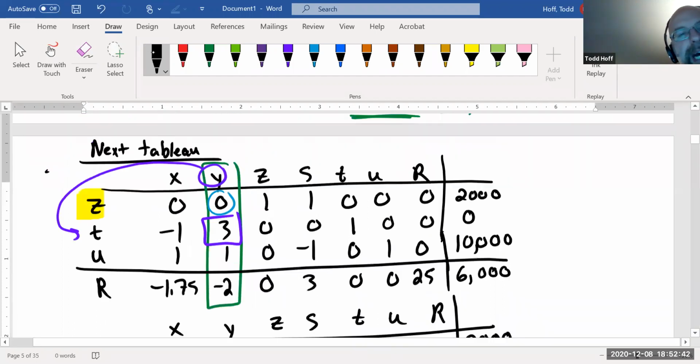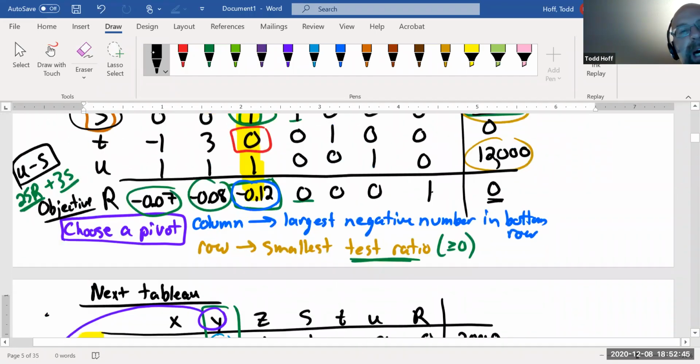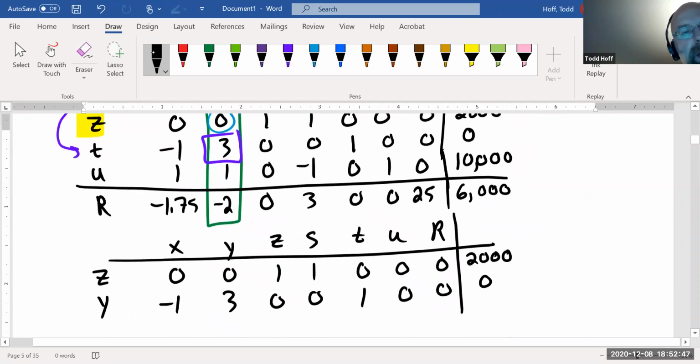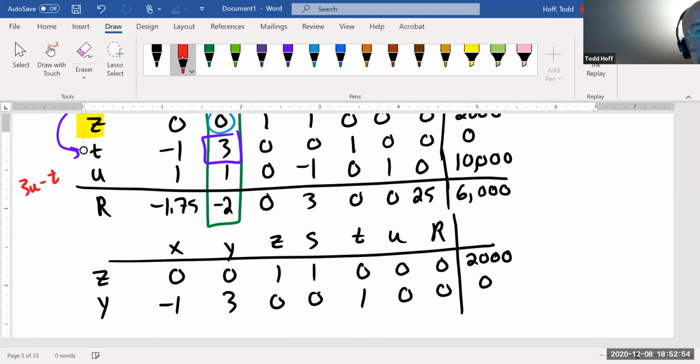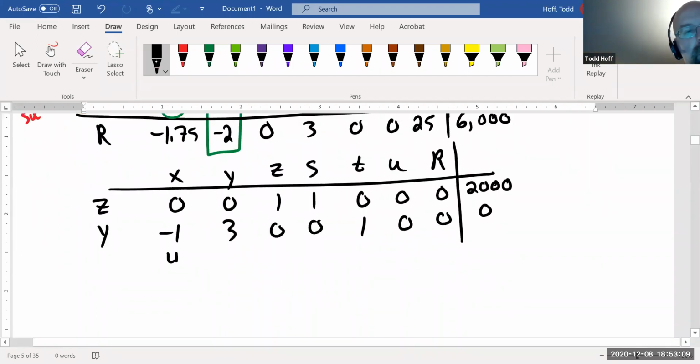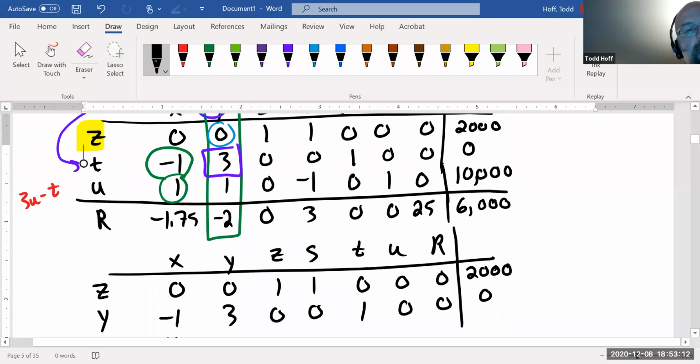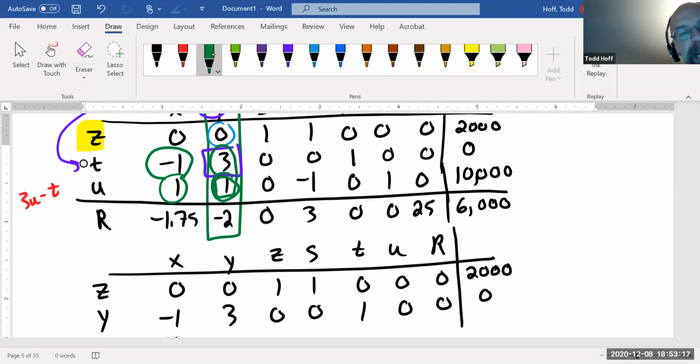Row U there has to change. I need to clear it using the 3. If I did 3 times row U minus row T, 3 times 1 would be 3, minus 3 is 0. That'll clear that row. So 3 times 1 is 3, minus a -1 is 4. So this will be a 4. This is row U yet. Here I have 3 times 1 is 3, minus 3 is 0.